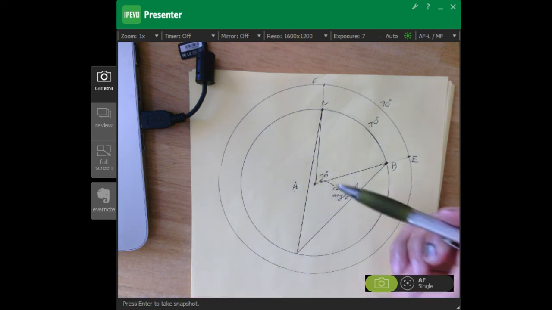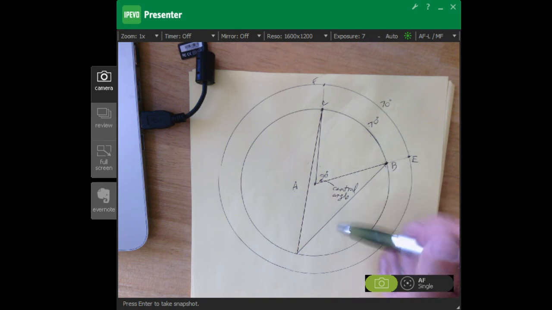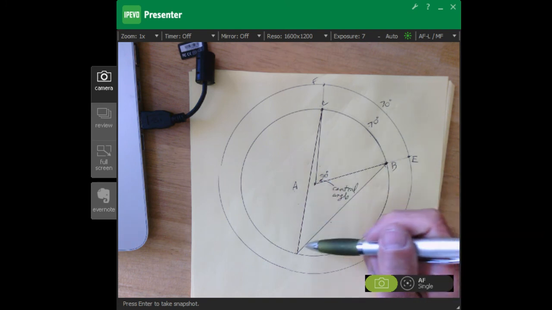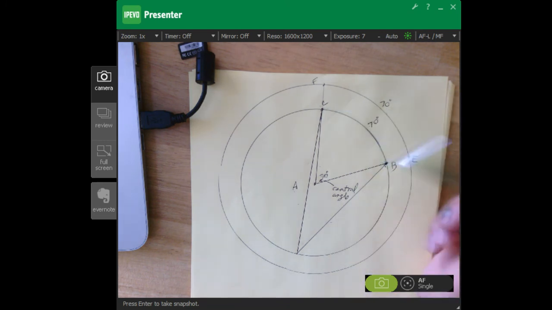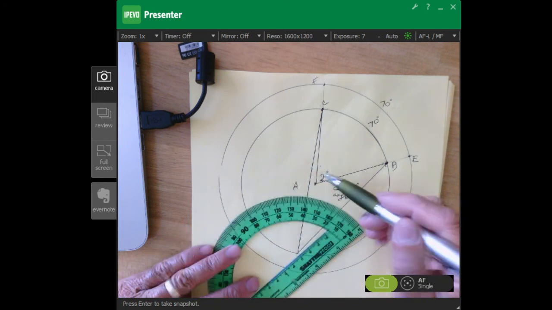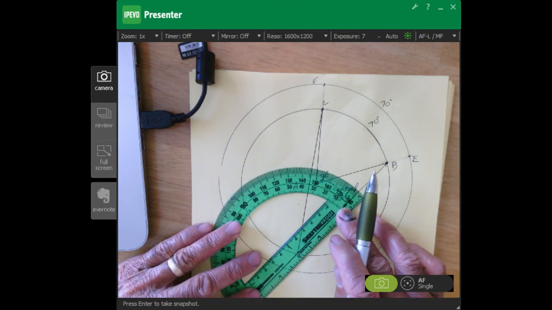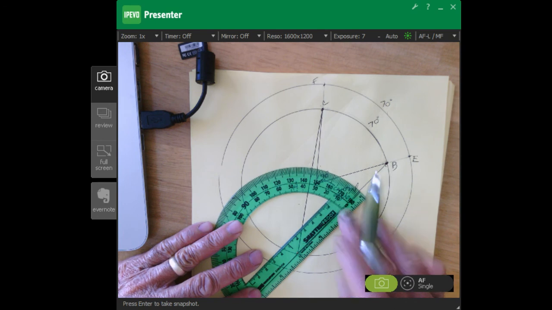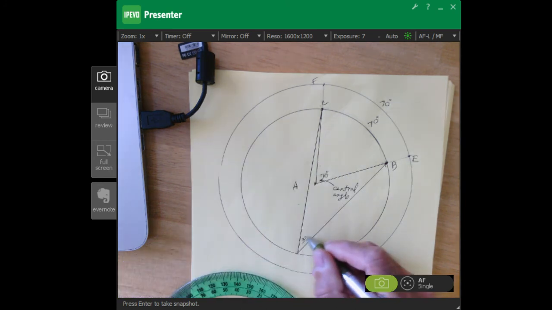Now, there happens to be a relationship between this angle, this angle, this angle, and this arc. And if we measure this, the last one was 70 degrees, right? Hopefully I did an accurate job here. And I guess I did. Pretty lucky. So 10, 20, 30, 35. Okay?